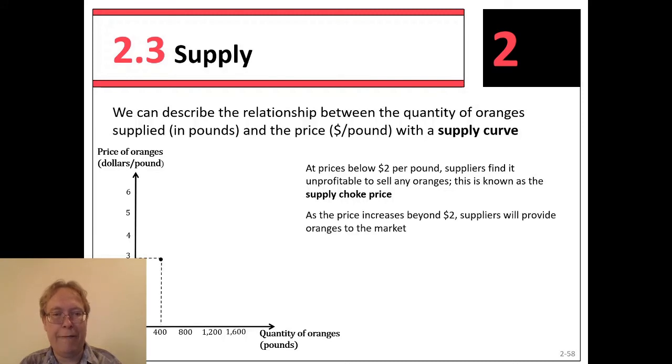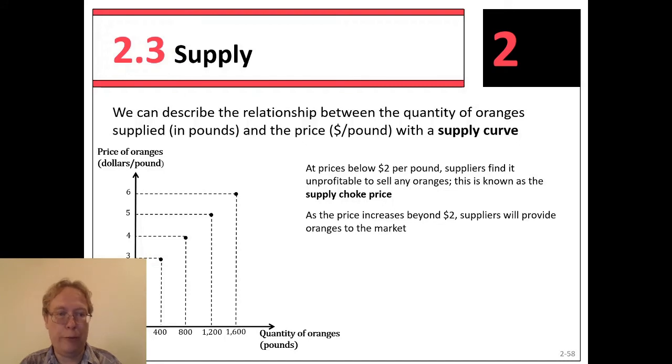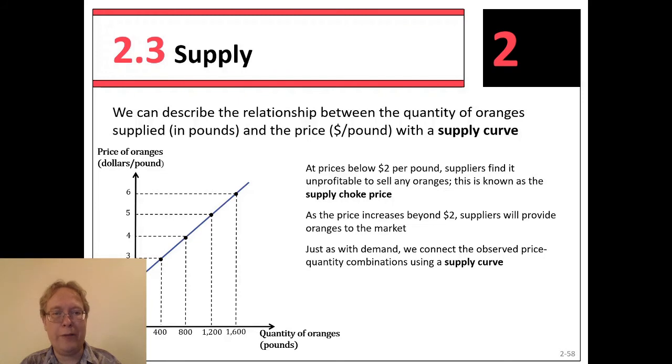But if prices increase, then obviously people are going to want to sell more oranges. So here's 1 point, and here's 1 point, and here's 1 point, and there's a point. And to get our supply curve, or rather our inverse supply curve, again, all we have to do is connect the dots, and that gives us the supply curve.